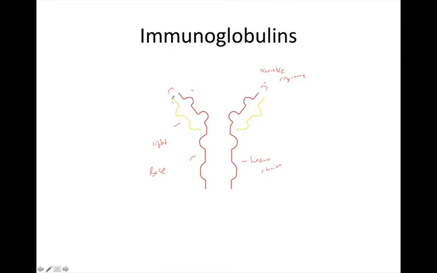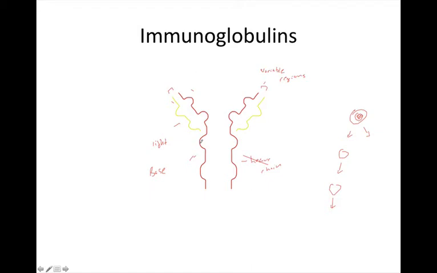Now, the variable regions. Remember earlier when I talked about that selection process, when these naive B cells are starting to divide and forming clones of themselves. Throughout this couple days' worth of division, with every cell division, there's gene splicing and rearrangement going on.